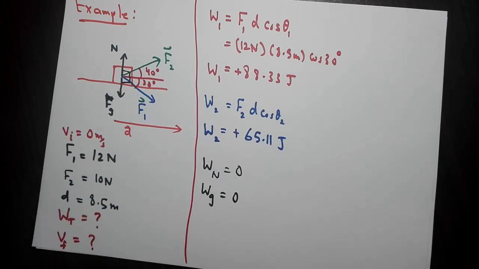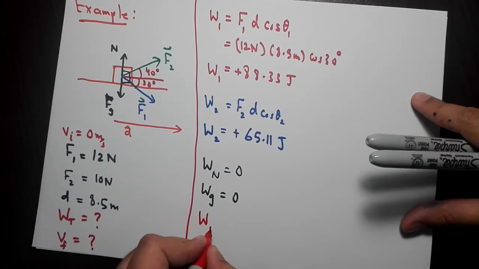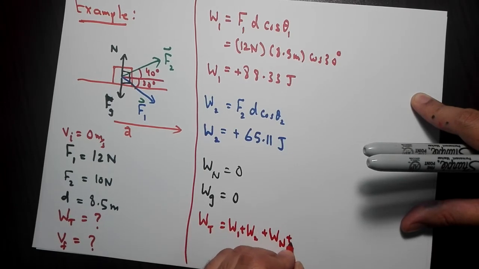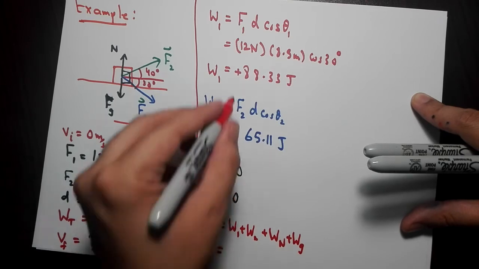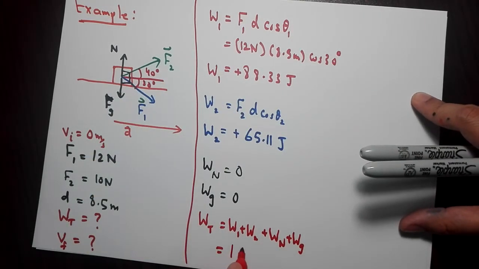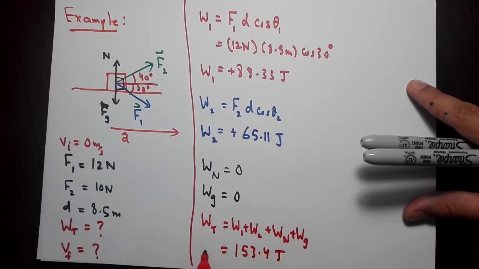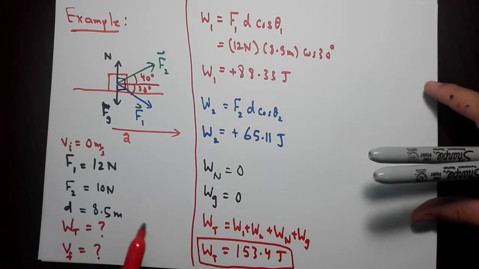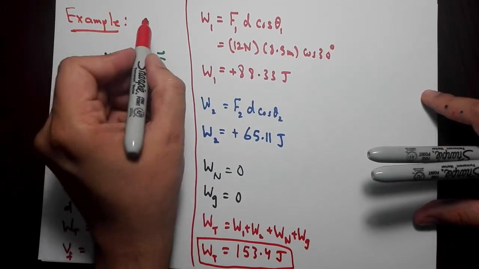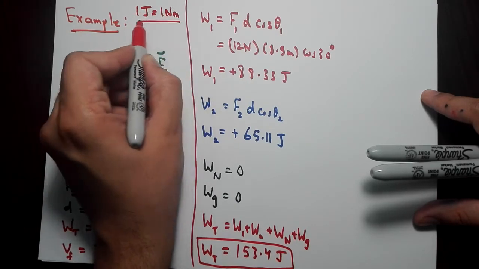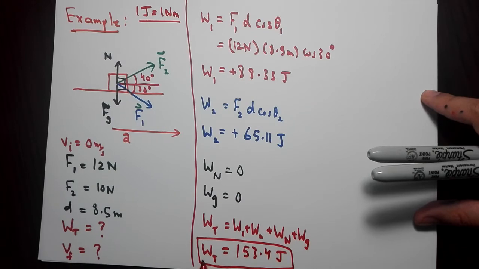So the total work done by all the forces, W1 plus W2 plus W normal plus W G, when you add all these numbers, you get 153.4 joules. Just something on the side, the joule is the unit of work, so 1 joule is 1 newton meter. Okay, so the total work done is 153.4 joules.